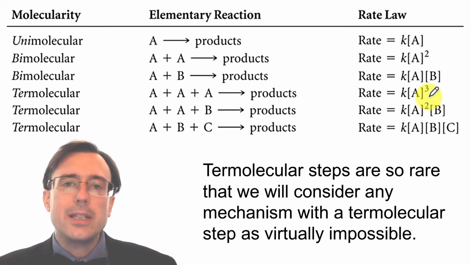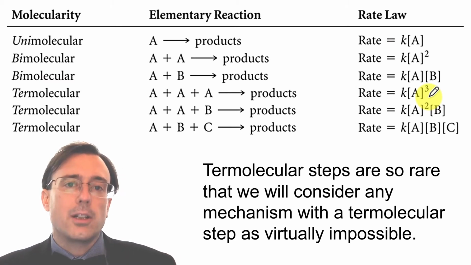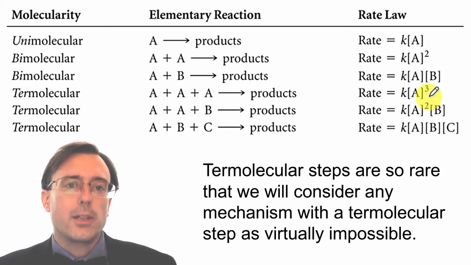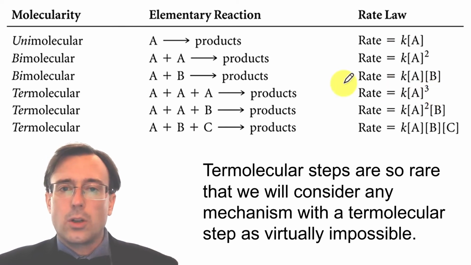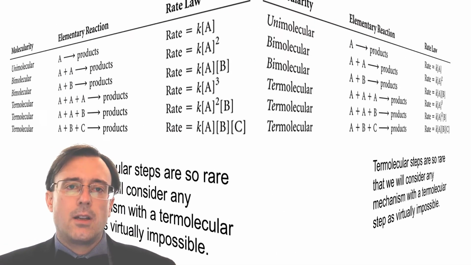It's not completely impossible, but it's probably going to be a pretty bad mechanism, simply because bimolecular collisions occur so much more frequently that a mechanism that includes bimolecular rather than termolecular processes is much more likely. And so we can pretty much ignore all three of these possible termolecular steps.